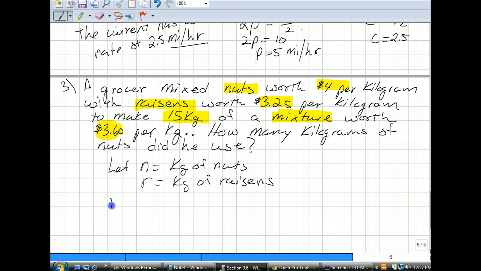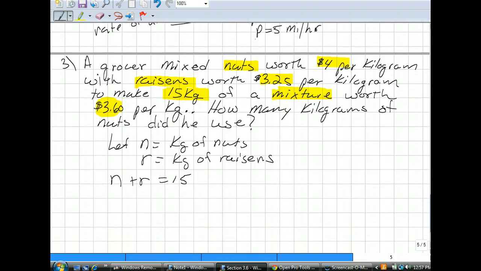Then N plus R equals 15, because that's how many total kilograms we have. Now that represents the kilograms. Now we want to represent the value. So the value of the nuts is $4, so that's 4N. The value of the raisins is $3.25, so that's 3.25R.